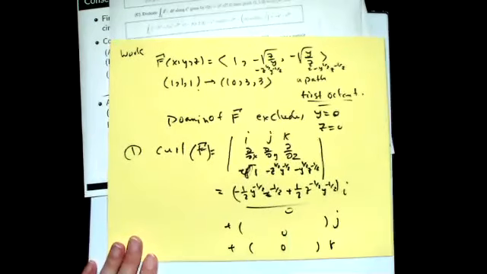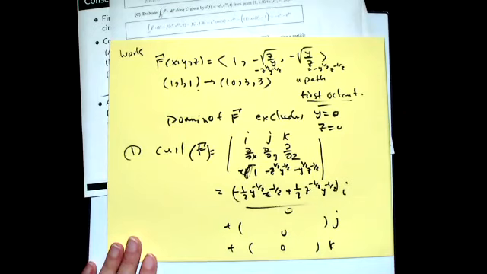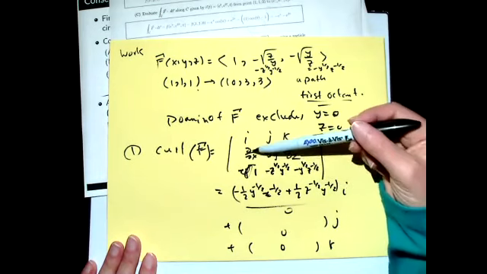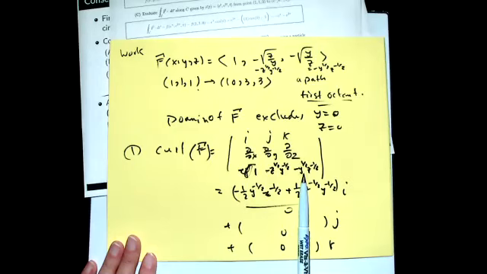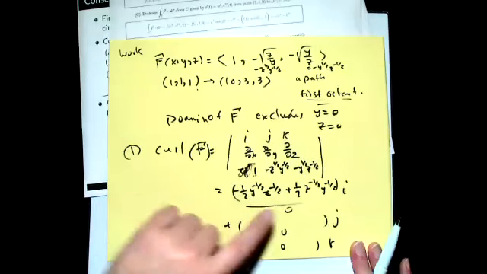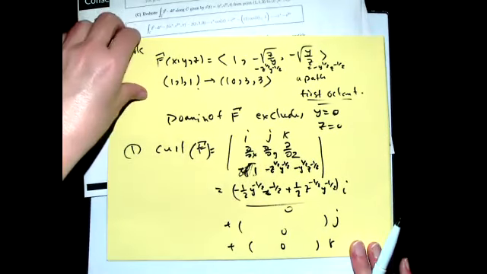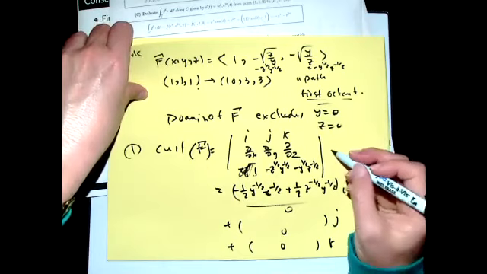So I did one of them, but you guys can compute the rest of them. The rest of them are kind of easier, not very similar. Because let's say for j, you just take the partial with respect to x of the function that doesn't have any x in it, and minus the partial with respect to z of 1. So it's going to be 0, and the other two are going to be 0. Just the i component was a little bit more work. So the curl is 0.